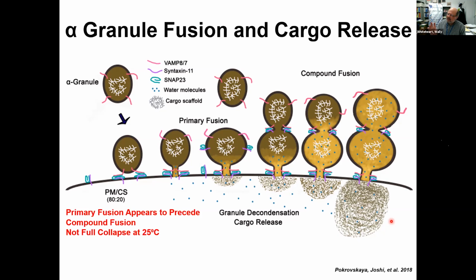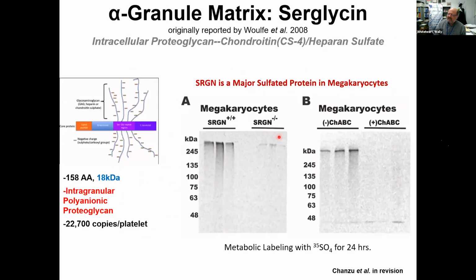So this is one way where membrane fusion and influx of media into the granule can control release. But what about things inside the granule itself? Are there molecules inside the granule that can control this process? And I draw your attention to this sort of bottle brush type molecule that we drew in the granule here, because this is a protein called serglycin.